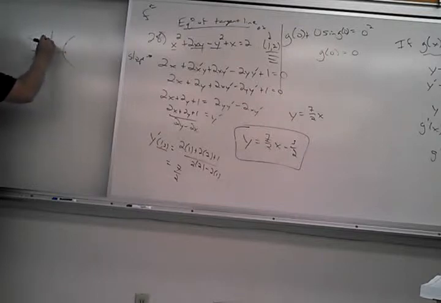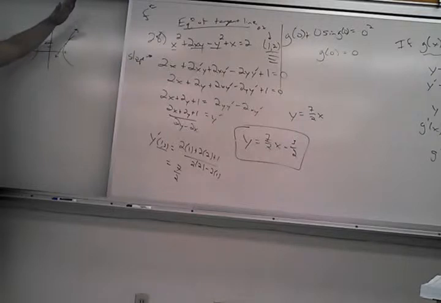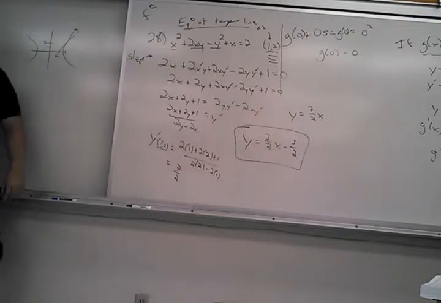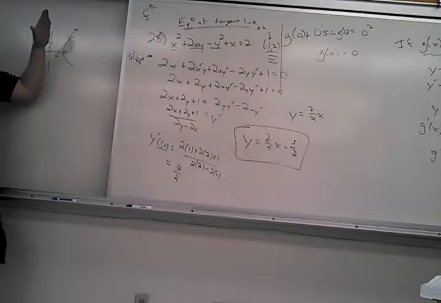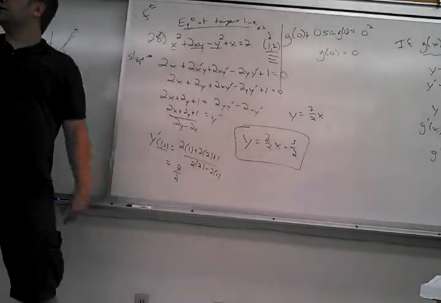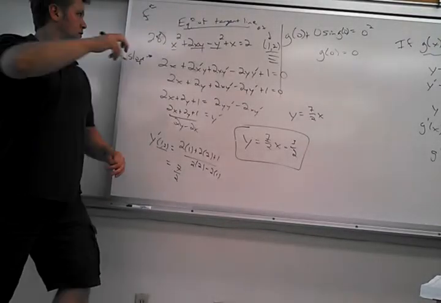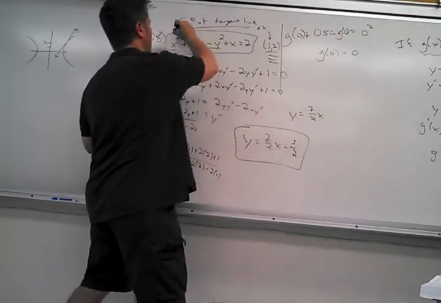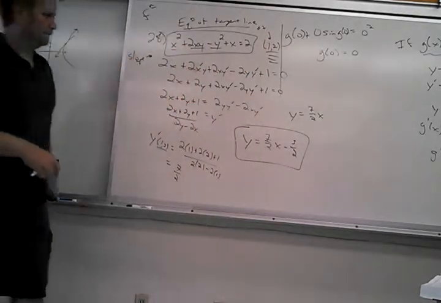Let's pretend it's there. Now the tangent line is 7/2 x, so it's positive 7/2. That makes sense based on this graph that I drew arbitrarily. You can graph this in Wolfram Alpha and see if it makes sense.